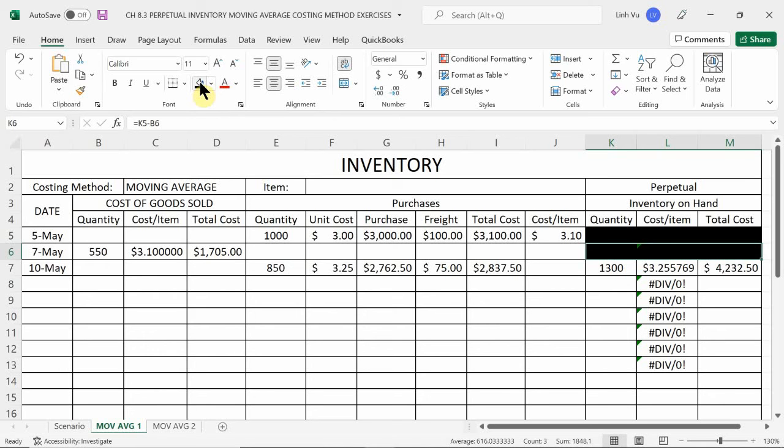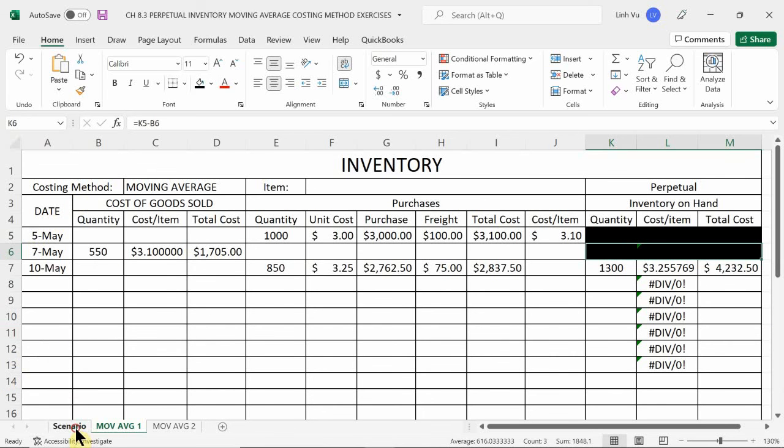If I were to unveil the rest of the numbers, I can actually see how my inventory grows and how it decreases and how my average fluctuates as well. Okay? And that's what I want you to do for the rest of the next scenarios. We're going to constantly be updating, constantly recalculating my average cost per item. Okay? So that was that one right there.